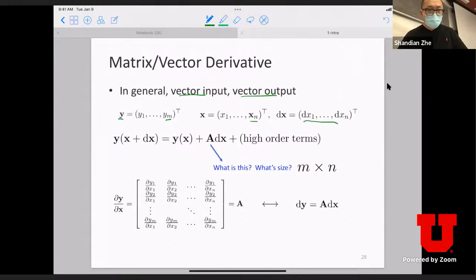Now, when we write the Taylor expansion, your y function at x plus dx can be expressed as y(x) plus some matrix A times dx, then plus some higher order terms, again regarding the vector dx.